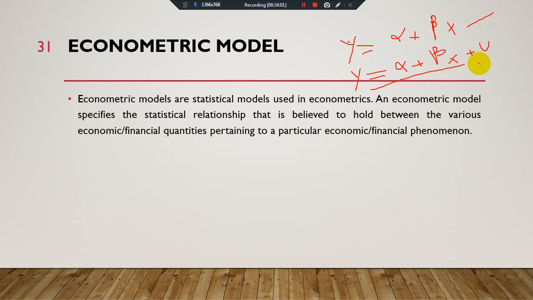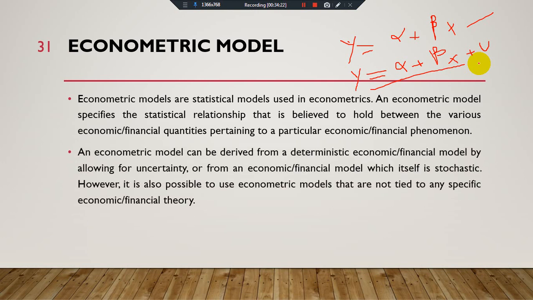Econometric models are statistical models used in econometrics. An econometric model specifies the statistical relationship that is believed to hold between the various economic and financial quantities pertaining to a particular economic and financial phenomenon.